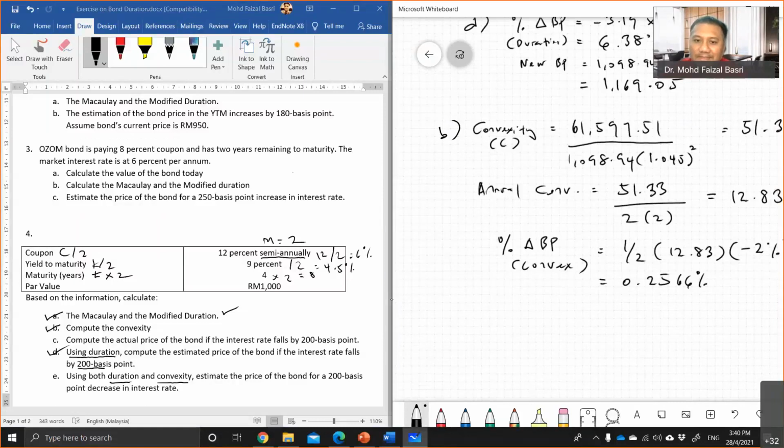So to find E, we need to combine the duration, which is 6.38%, with the convexity of 0.2566. So I'm going to put the percent change of bond price based on duration and convexity, being 6.38% plus 0.2566.